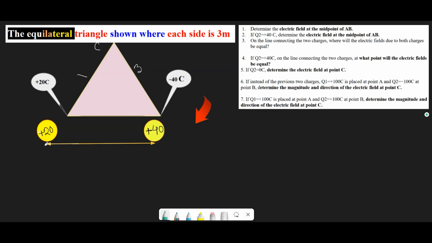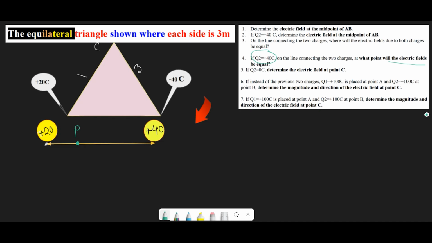Number 4. If Q is positive 40 coulomb, so this is 40 at B point and this is obviously 20 coulomb, at what point will the electric field be equal? So at a certain point, let's say this point. Why have we chosen this point? Because if like charges are placed at a distance, the electric field will be 0 close to the smaller charge. That's why this P point is very close to the smaller charge, 20 coulomb.